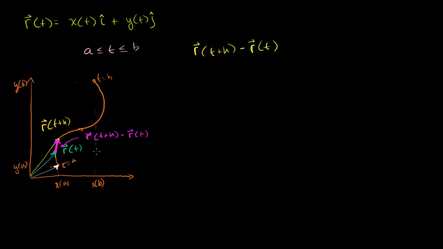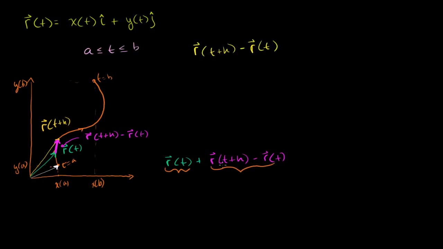And it should make sense, because when you add vectors, you go heads to tails. You could alternatively write this as r of t plus this character right here, plus r of t plus h minus r of t. When you add 2 vectors, I'm adding this vector to this vector right here.